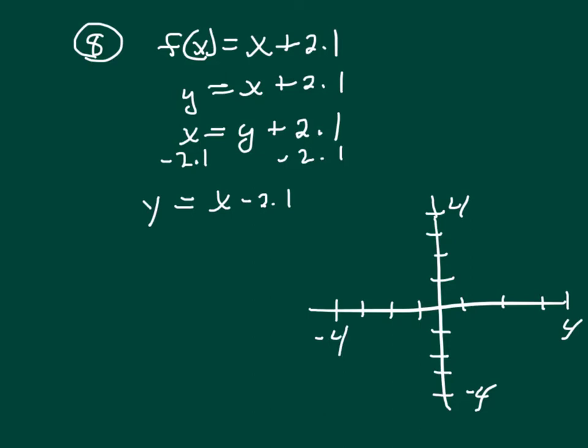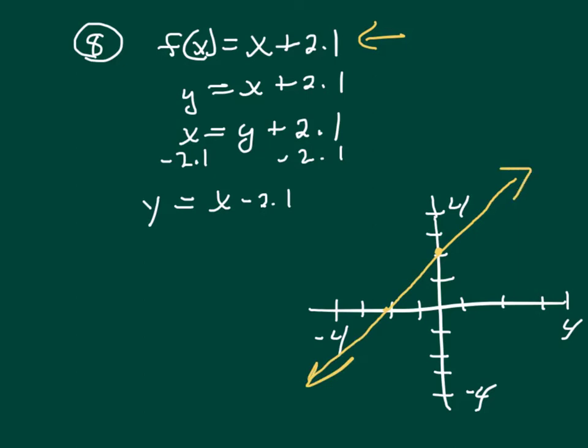All right, let's graph the first one, which is this one right here. The y-intercept is at 2.1, just about right there, and the slope is up 1 over 1. So I'm going to go up 1 over 1, and the graph should run something like that, kind of sketching it out.